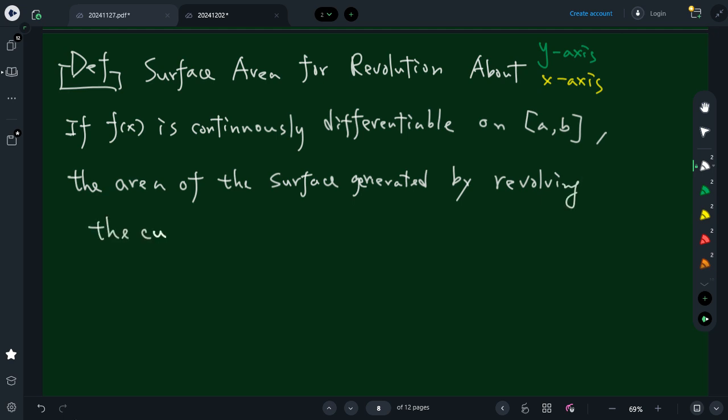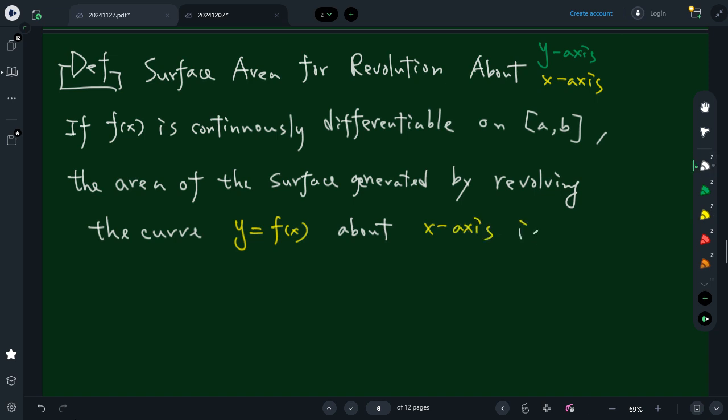The curve y equals f of x, revolved about the x-axis.